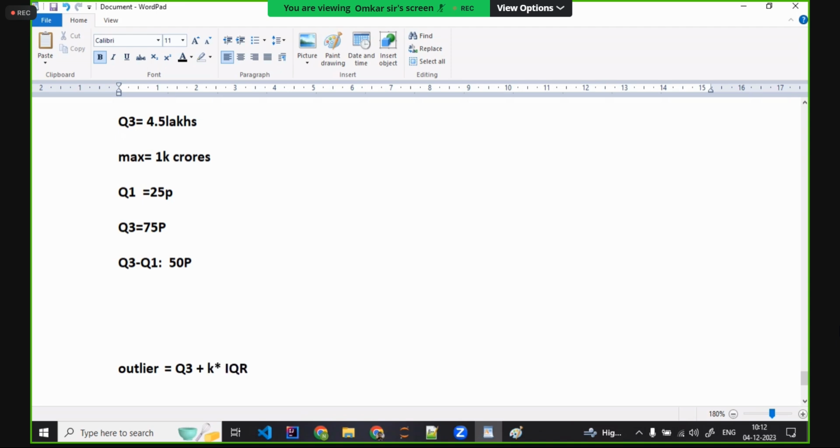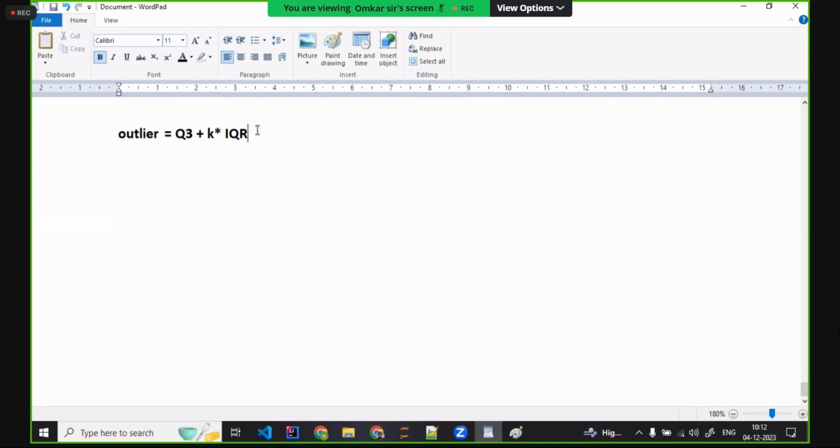K times, how many times? So this is the generic formula: Q3 plus K into IQR, where IQR is Q3 minus Q1.